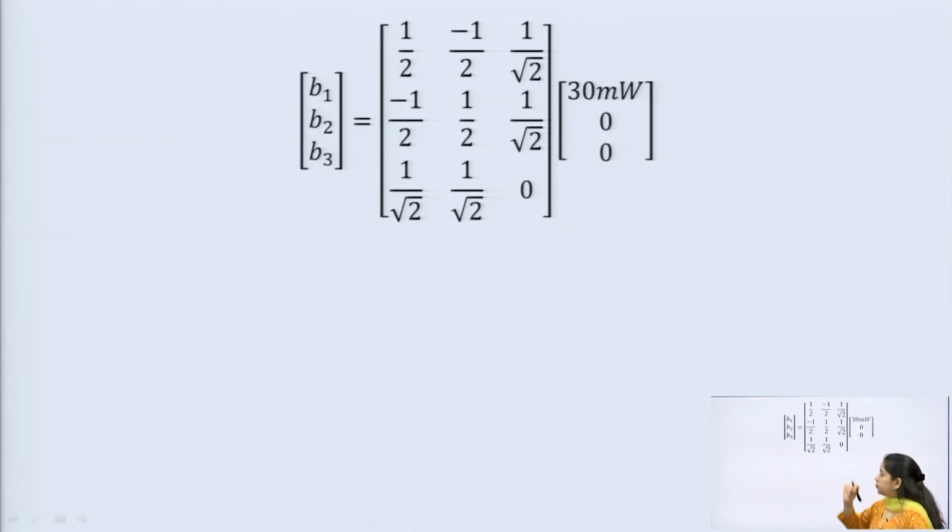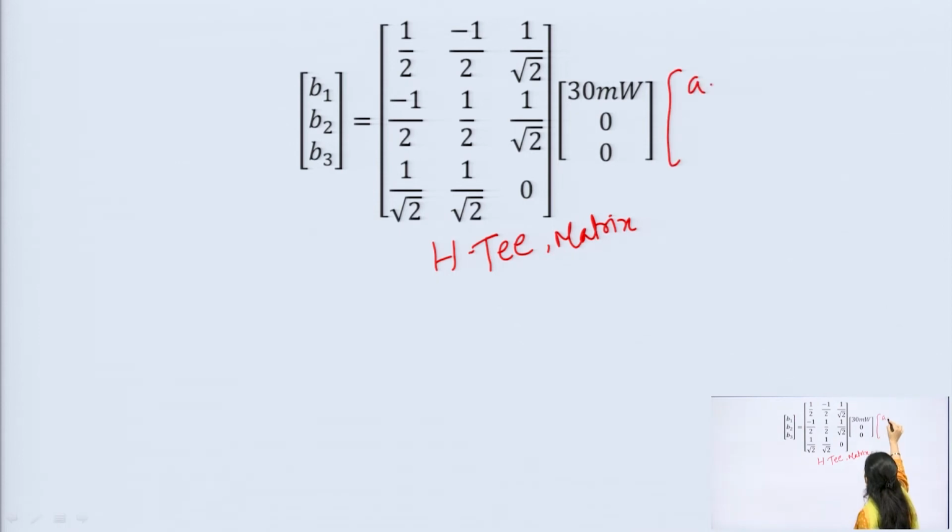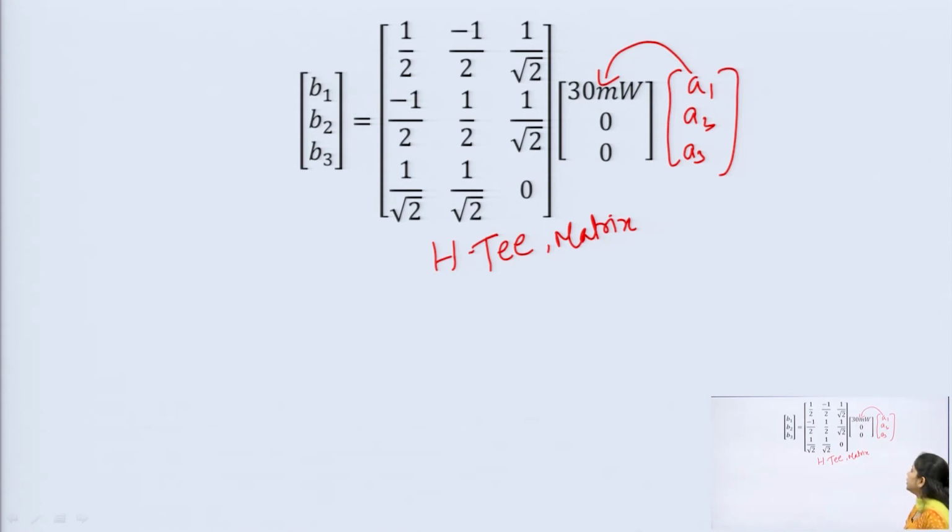Now, we have the matrix of the H plane T here: B1, B2, B3 equals the H plane T matrix times A1, A2 and A3.